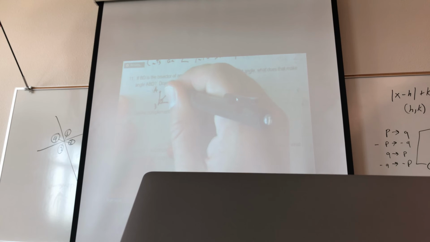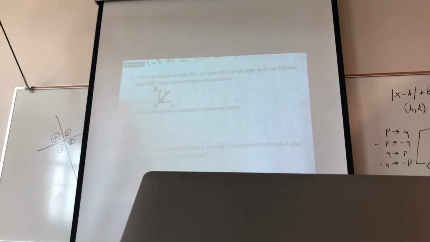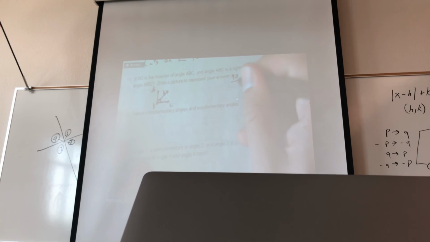And then I've got a ray through the middle that is BD that's cutting it into two equal parts. Well, if I take 90 and cut it into two equal parts, that means ABD is going to be a 45-degree angle.